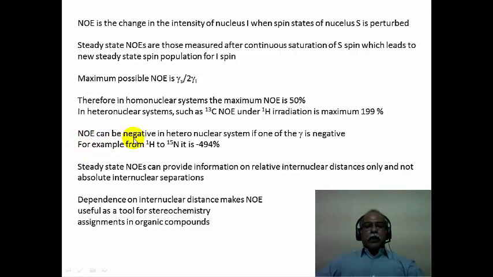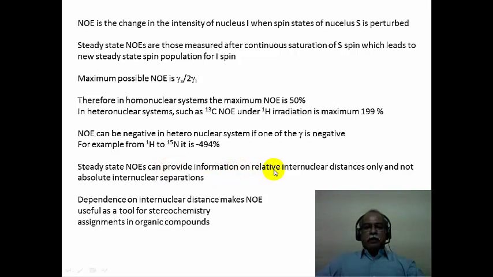Now the NOE can be negative in a heteronuclear system in which at least one of them has a negative gamma. For example, proton to nitrogen 15 has a negative NOE effect to a maximum of about minus 494% or so. Steady state NOEs are extremely useful because they depend on the relative internuclear distances only and not on the absolute internuclear separations.